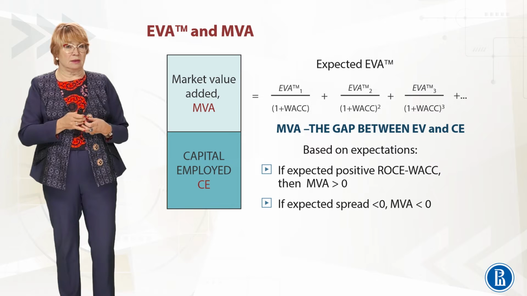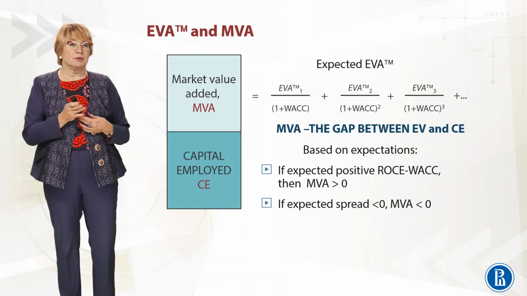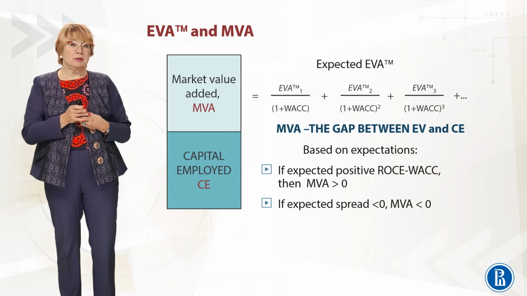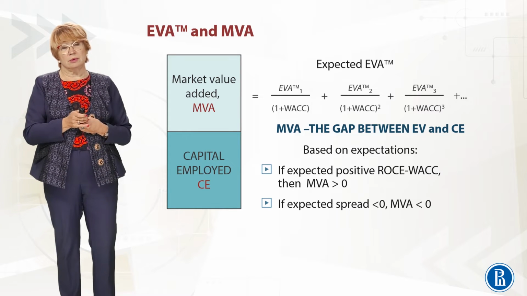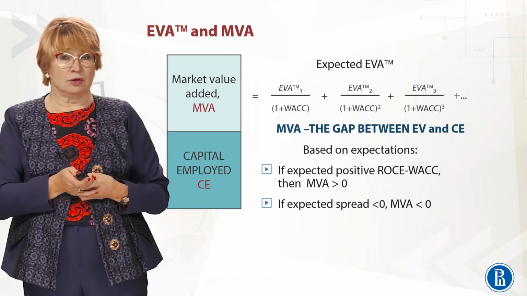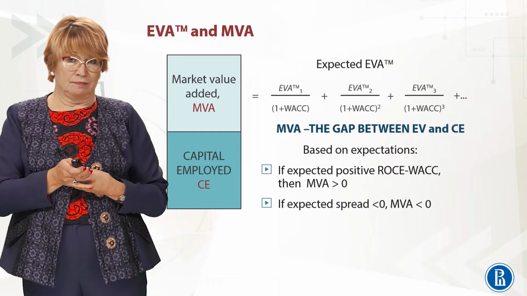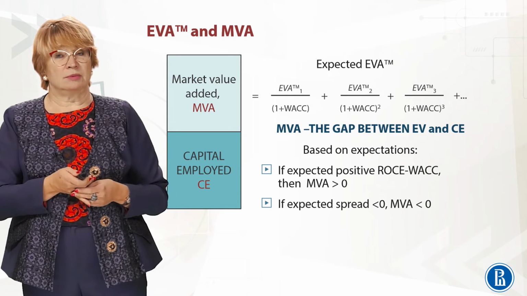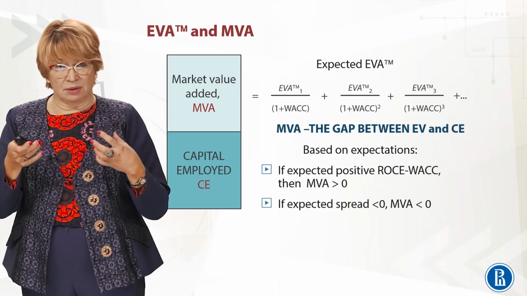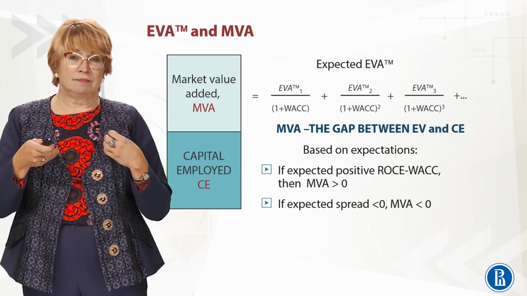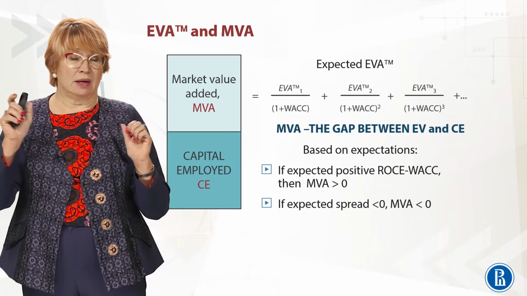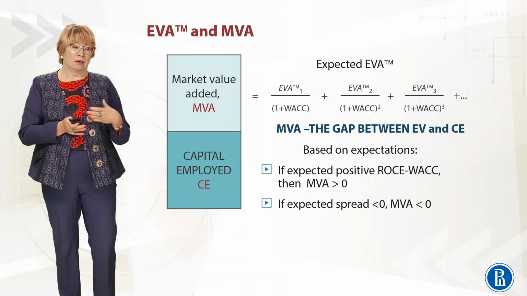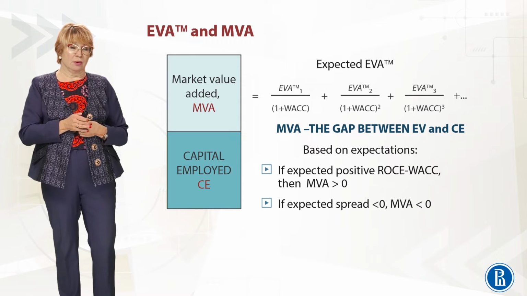All these expected EVAs, or expected economic profits, adjusted to the equity equivalence, would be discounted by the rate, which is of course equal to the weighted average cost of capital. So the market value added is the gap between enterprise value and capital employed, but capital employed considered with the equity equivalents, which are homemade assets made by the business analyst implementing this value-based framework.